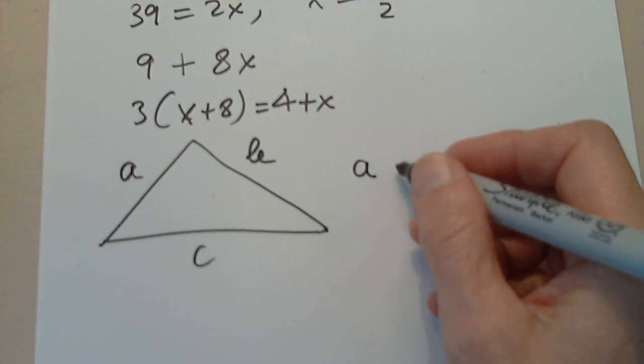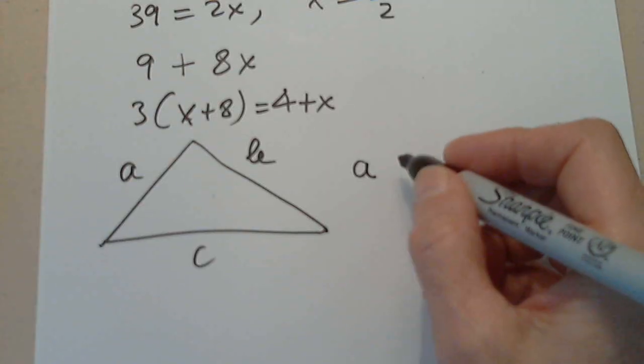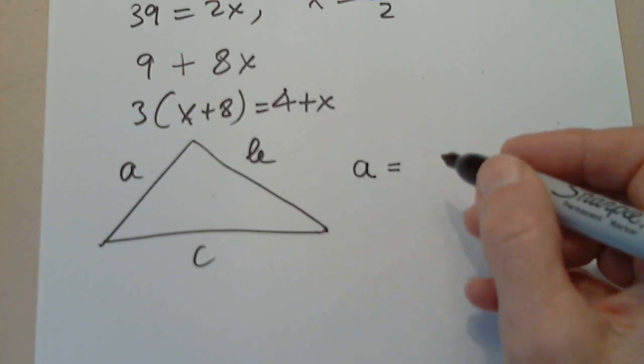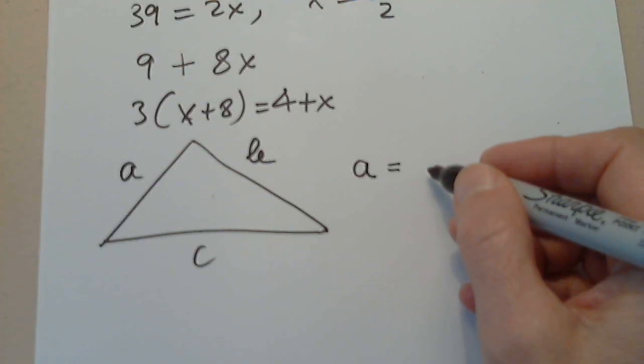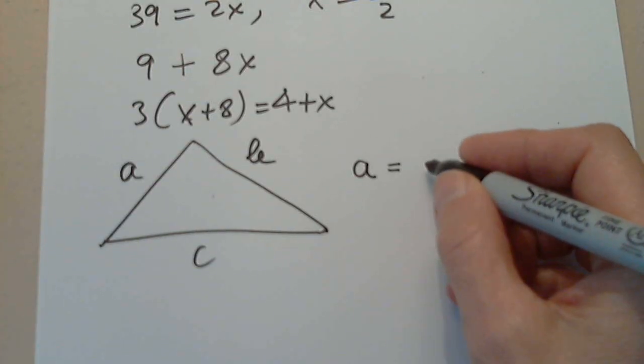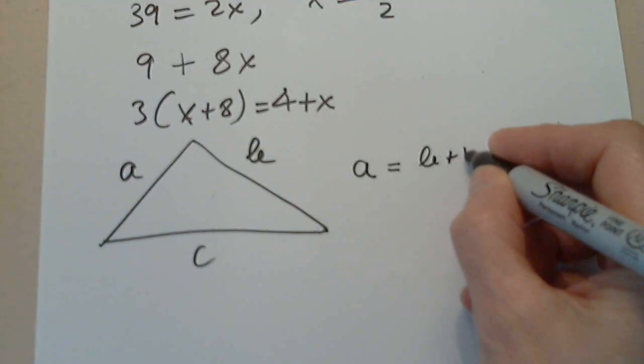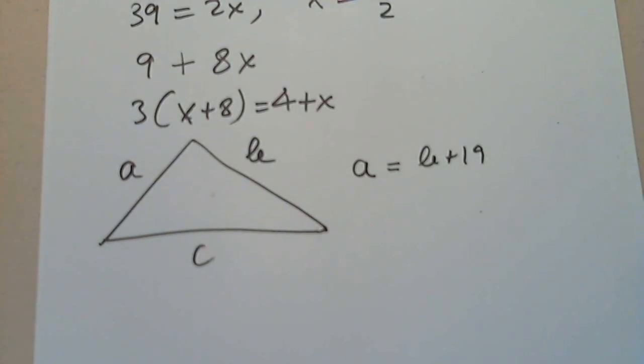What does "is" translate into? Equals. Good. 19 degrees more than the second angle: A equals B plus 19. Good. We are ready to read on.